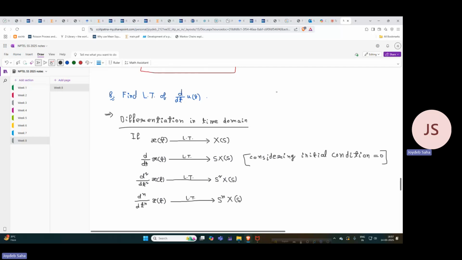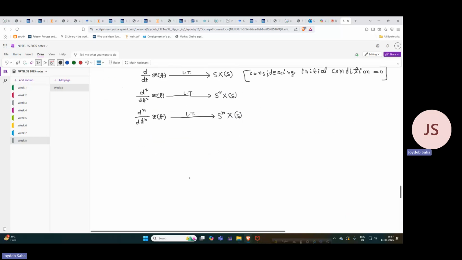Okay, so let us try to solve this problem. We know now that u of t, its Laplace transform is 1 upon s.